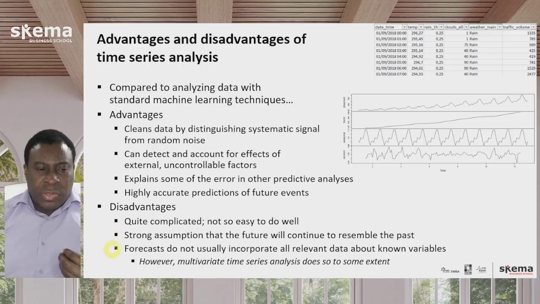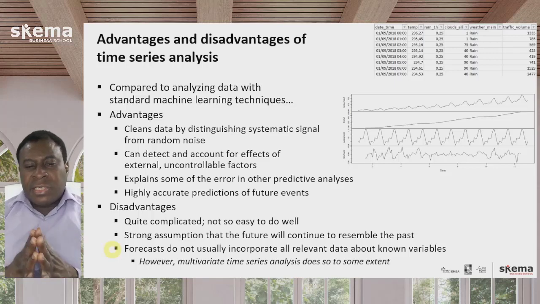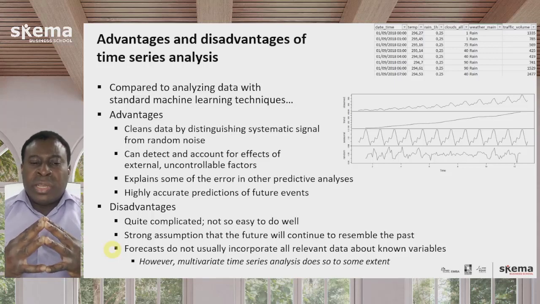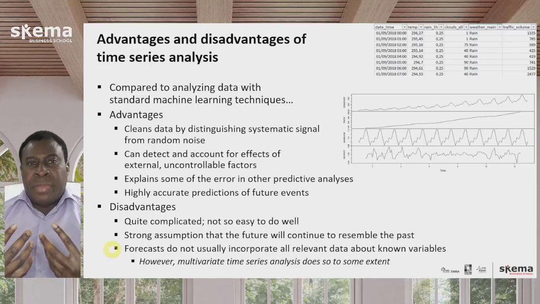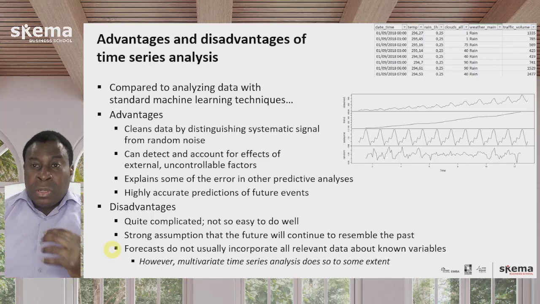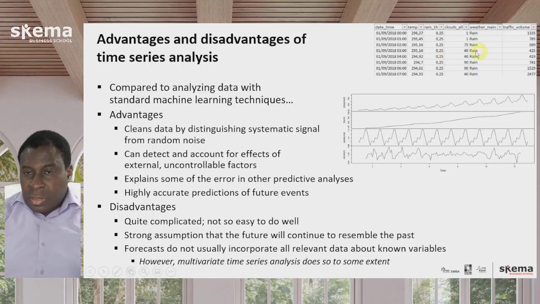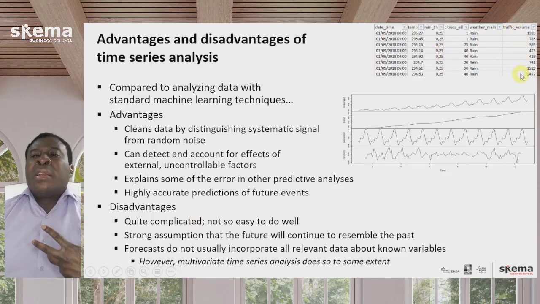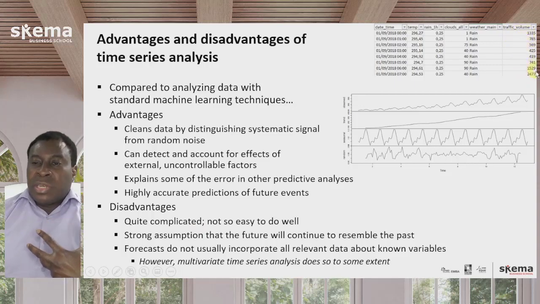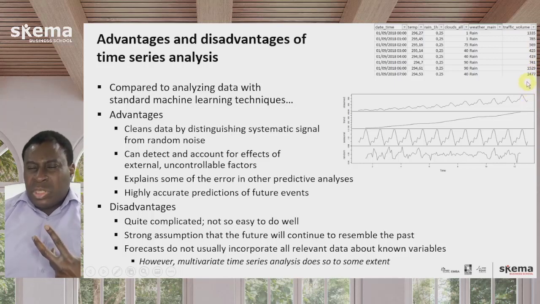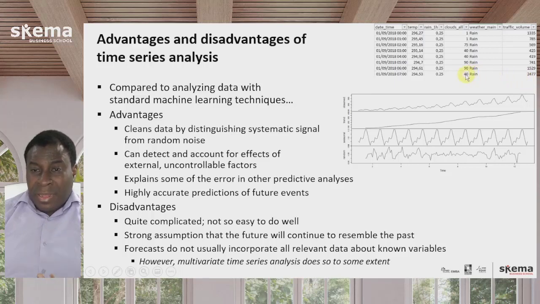Another concern with time series analysis is that forecasts don't usually incorporate all the information that might be available. For example, in this little data set where you're trying to estimate the amount of traffic there might be on a highway, time series analysis will look at the past traffic and try to predict what the future traffic will look like. But time series analysis does not normally consider other things like, what's the rain level at that time?